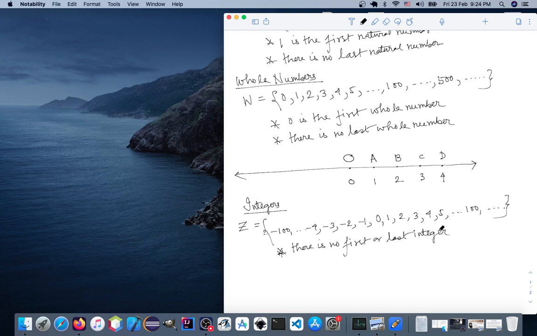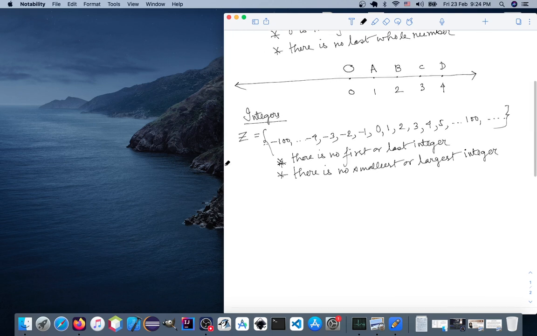So that means there is no start and there is no end. So there is no first or last integer. This also means that there is no smallest or largest integer.